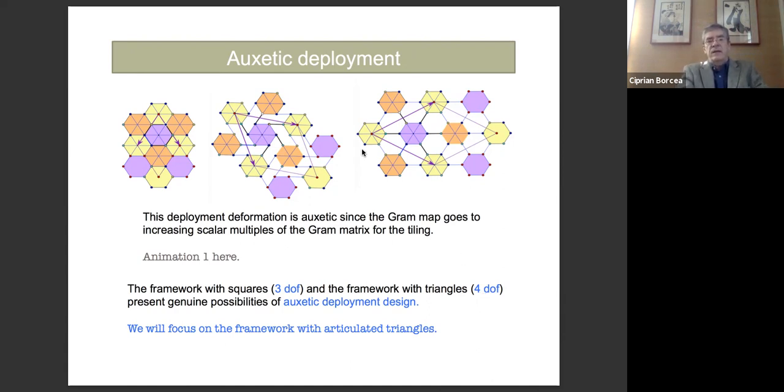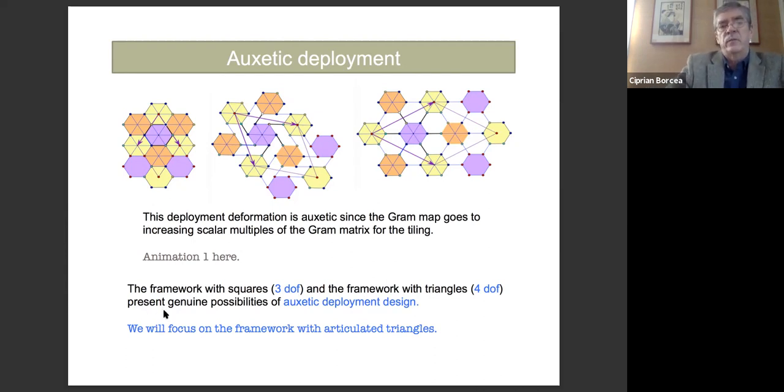So while here the deformation is unique, it's a unique path, in the sibling cases, we will have genuinely more challenges because we have to choose between a threefold, respectively fourfold world of possibilities. So the idea of choosing, of designing an auxetic deployment is genuinely at work in that setting.